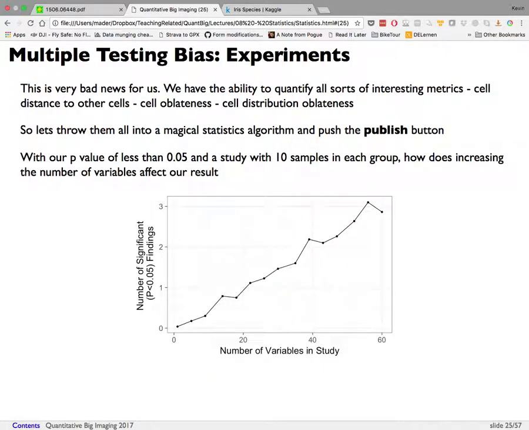And so what we saw here was, as you increase the number of variables in the study, and all of these variables are independent, they're all randomly generated, and they're all identical. None of these variables are statistically significant or are actually different at all.